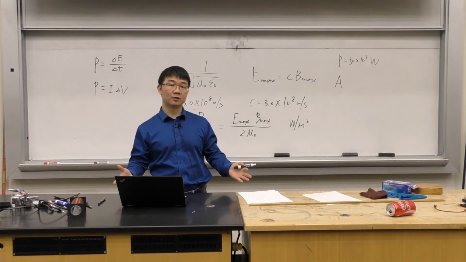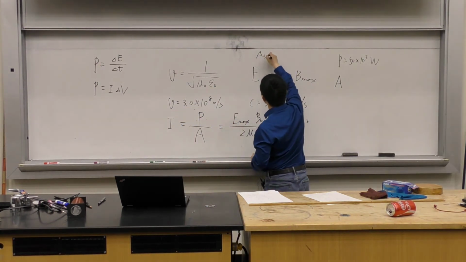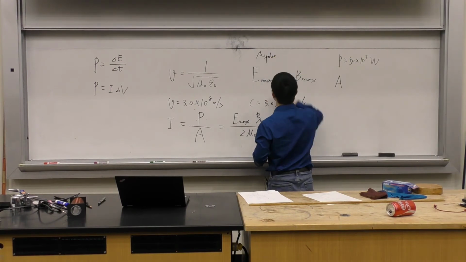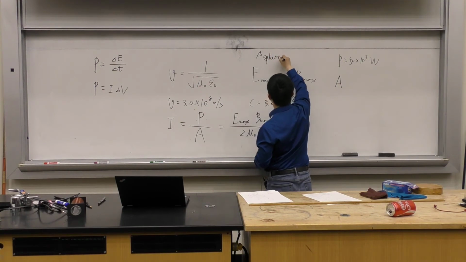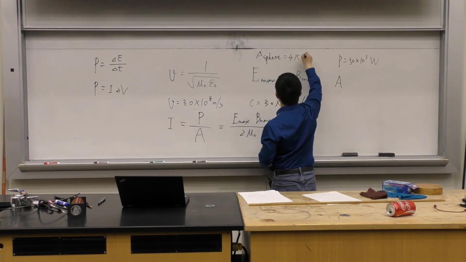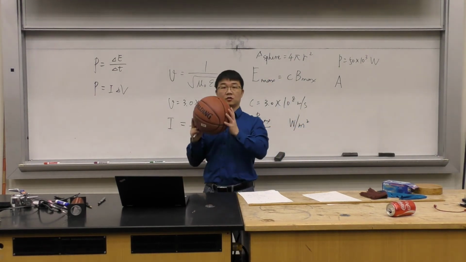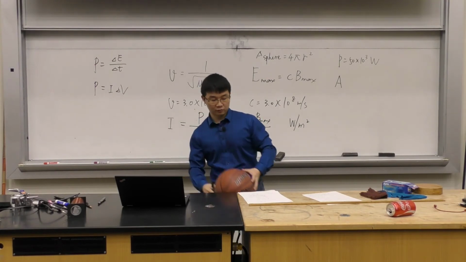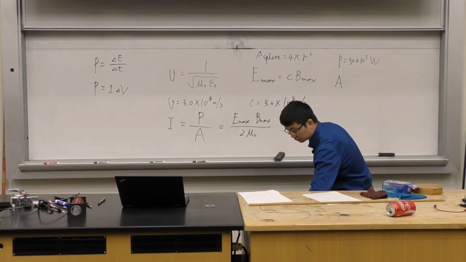If you remember, for a sphere it's going to be 4 pi r squared. Remember, it's a sphere, not a circle. Circle is pi r squared. Sphere, the area is 4 pi r squared. What about half of it? 2 pi r squared.